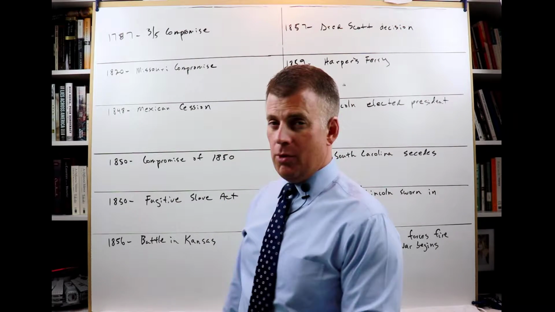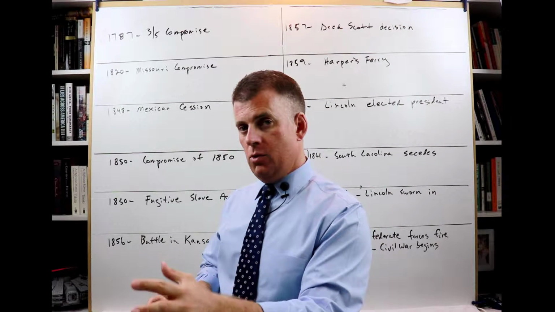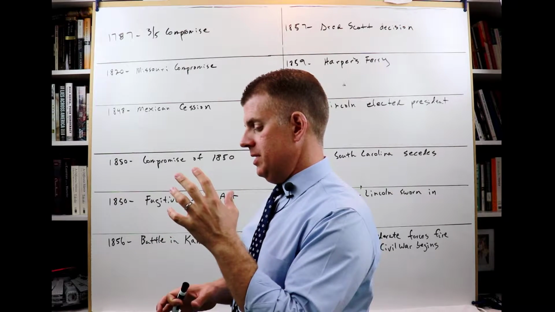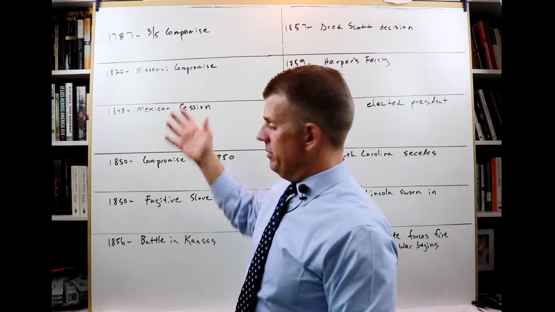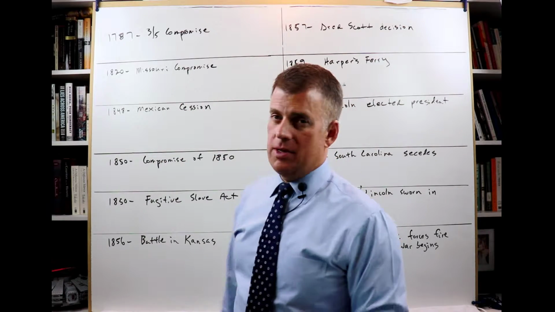And long story short, there was this disagreement between the northern delegates, right? Delegates from northern states and delegates from the states in the South, of what do we do about slavery, right? And they came up with a 3/5 compromise.